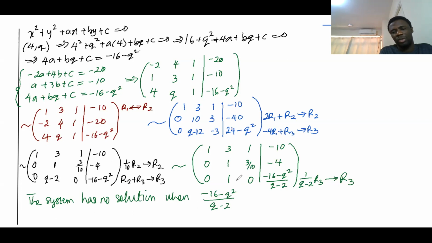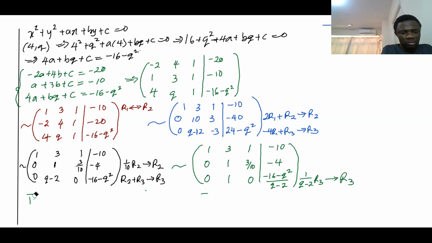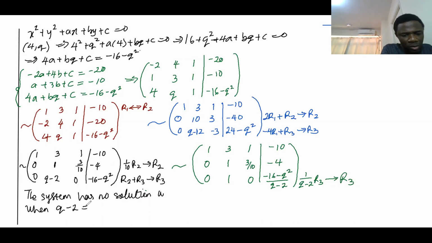So I write it in 2 ways. I use black ink for this part. So if you stop here, you say the system has no solution when q minus 2 equals 0, which means when q is equal to 2. Who got that?